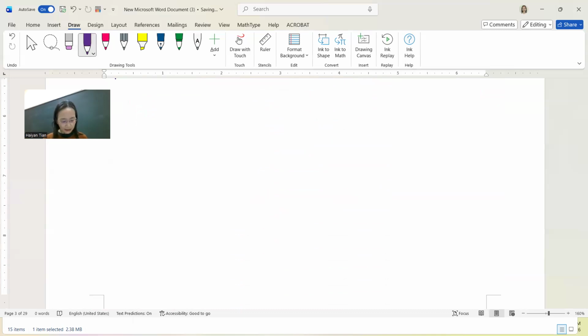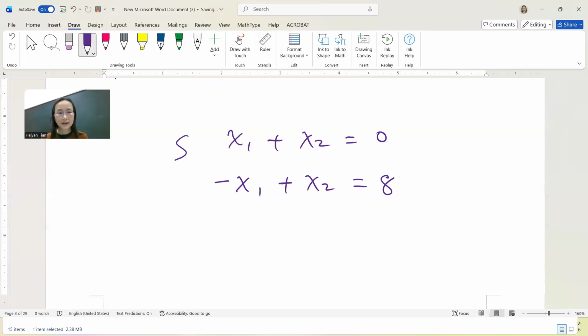And let's think of another system. Here is a new system, with a second equation as well.